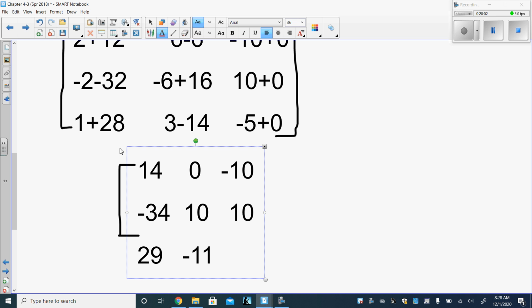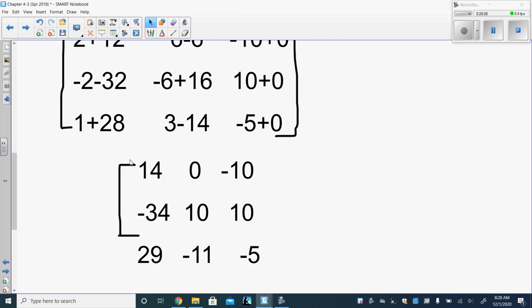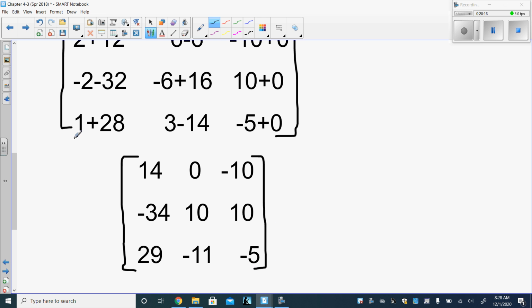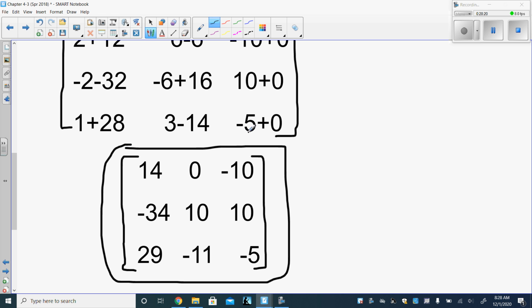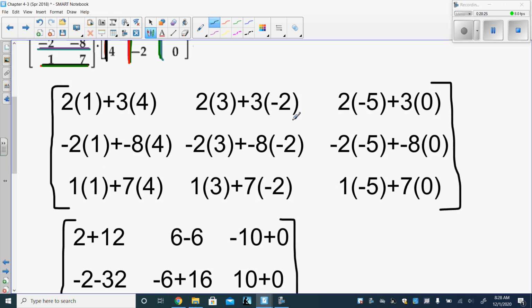And then negative 5 plus 0 is going to be negative 5. And that's it. I'll need to put my 2 brackets on either side, and this here is our answer. This here is the matrix for H times G.